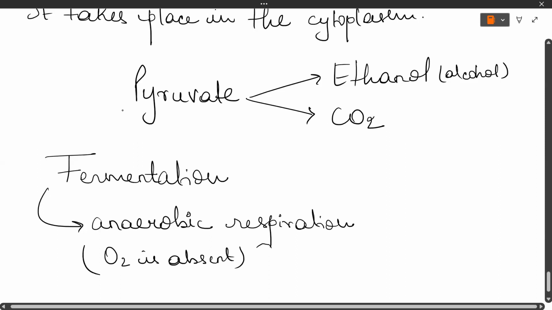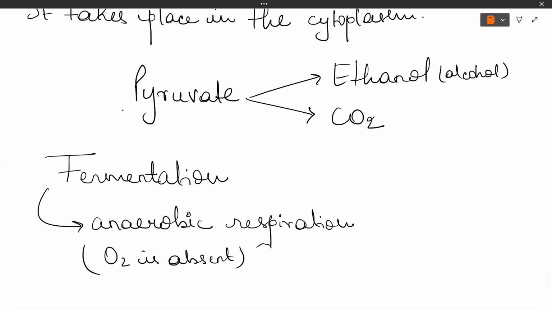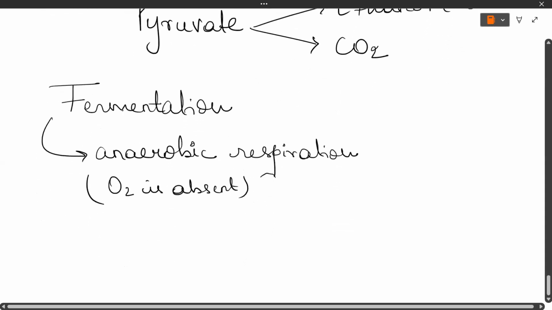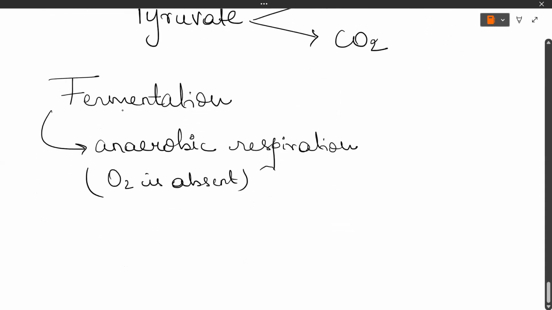And a process where oxygen is present will be called? Aerobic respiration. Very good. So here the fermentation process is anaerobic, meaning it takes place in the absence of air or oxygen.